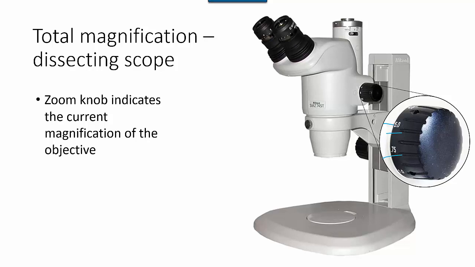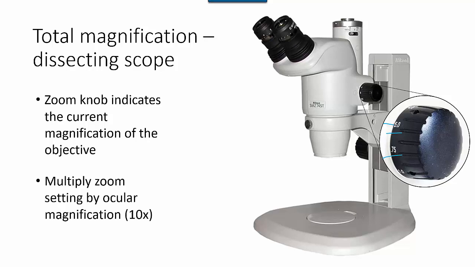To determine total magnification on the dissecting scope, you need to multiply the zoom setting, 5x, by the ocular magnification, 10x. So a specimen viewed at this zoom setting would be magnified 50 times. This is the maximum total magnification for this dissecting scope. Let's try one more example quickly.